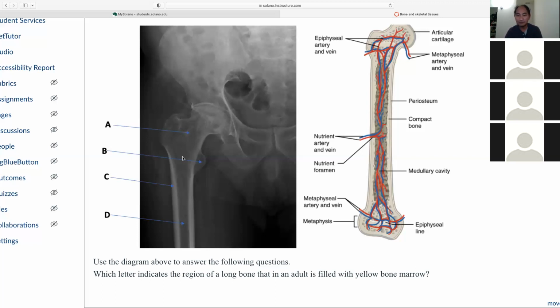Professor, could you explain the periosteum again? Yeah, so periosteum is the fibrous layer, thickening. It has two layers, inner periosteum and outer periosteum. It just goes along the diaphysis of the long bones. So we have two functions.